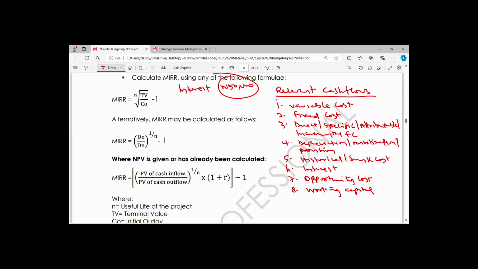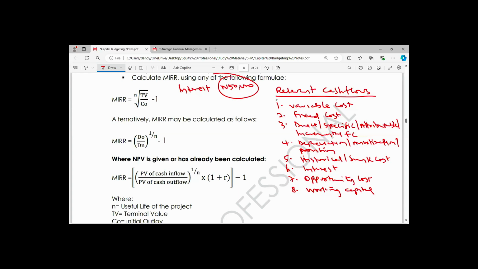So when you see interest in a question, please ignore in capital budgeting or in any investment appraisal. Once you see interest expense or interest amount in a question, ignore it. It is not relevant. Like I said, because the cost of capital to be used to discount the cash flows already included interest. You remember when we calculated cost of capital, we calculated cost of debt, isn't it? So that cost of debt already included the interest. So in your weighted average cost of capital, you already included interest.